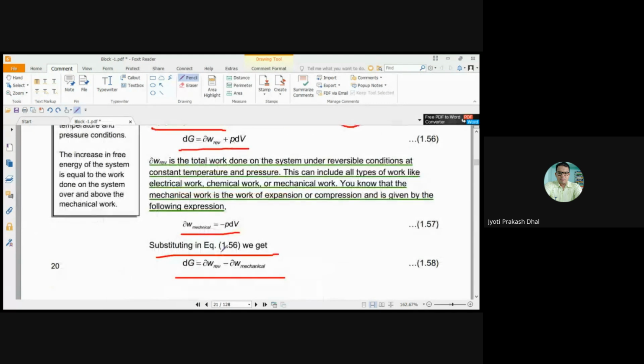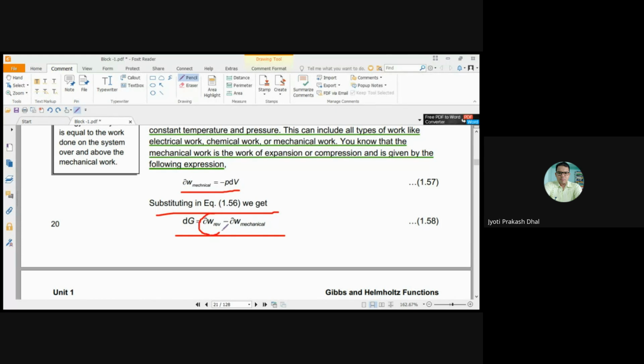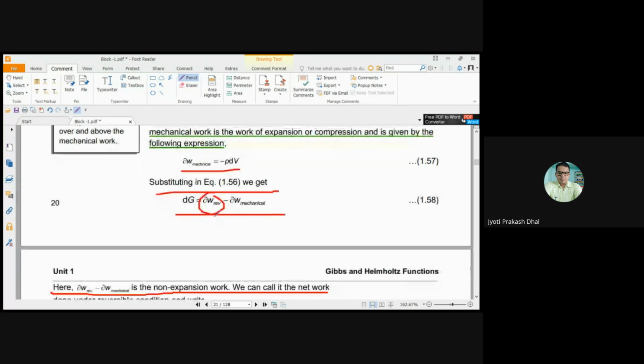Because we have already defined that δW reversible may be mechanical work, electrical work, or chemical work, but here we are deducting the mechanical work part, because mechanical work only deals with pressure volume work, that is the expansion or compression work.